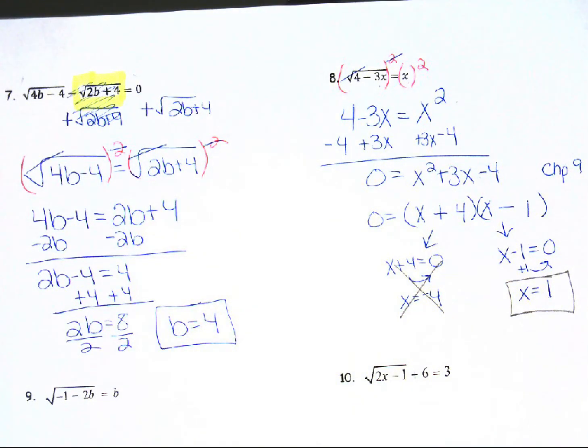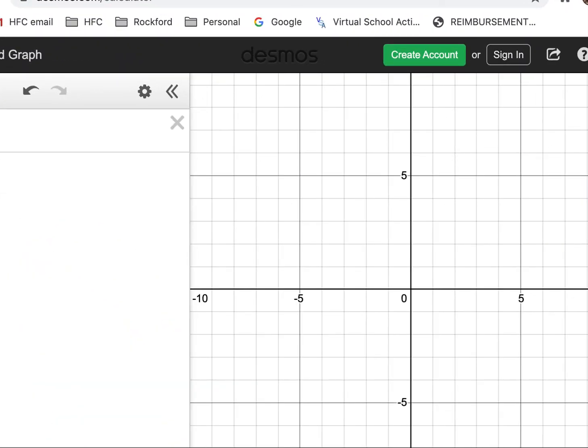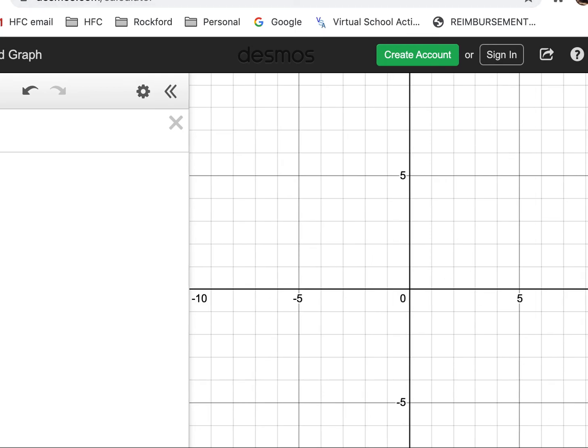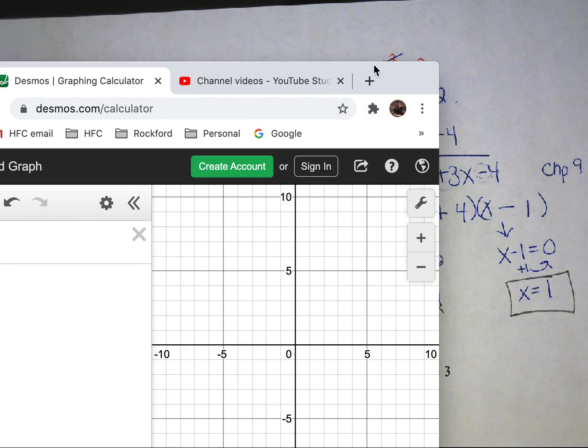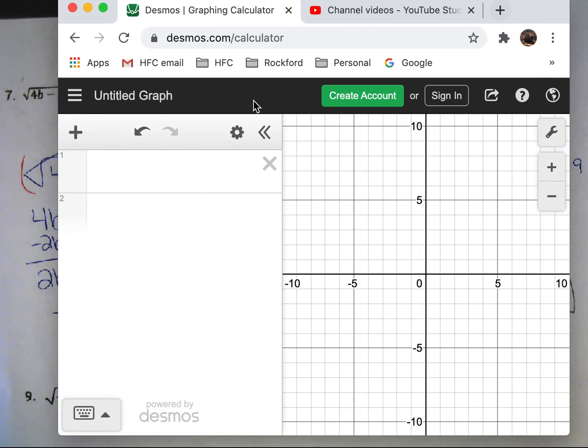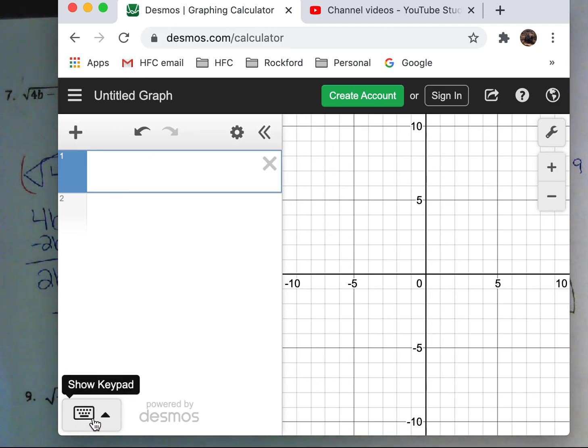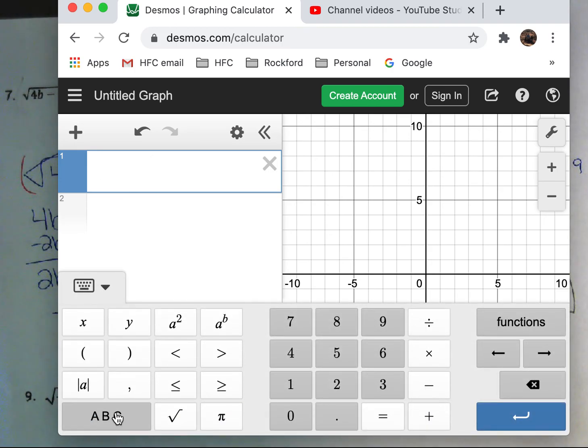Now let me show you in Desmos. Sorry, it's a little big here. Let me just kind of see if I can make it fit our screen a little. There we go. Okay, so in Desmos, in our problem, we have the square root of 4 minus, actually no, we want to graph the other one, sorry.